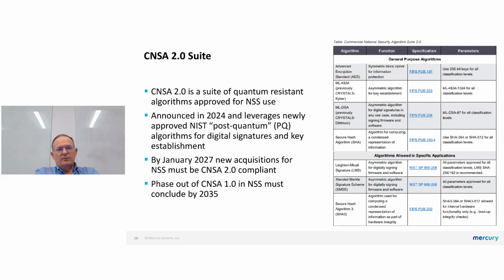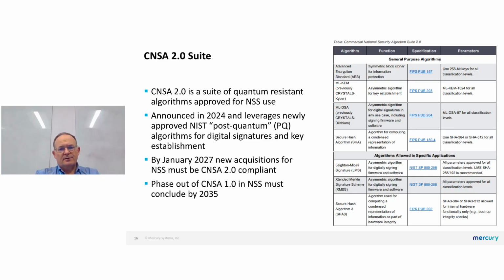So the CNSA 2.0 suite was announced in 2024, and it identifies a suite of quantum-resistant algorithms that are approved for national security system use. All the algorithms listed here are believed to be resistant to attacks by quantum computers, again, which haven't been developed yet, so no practical attack has been realized.